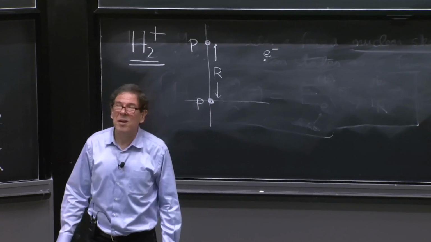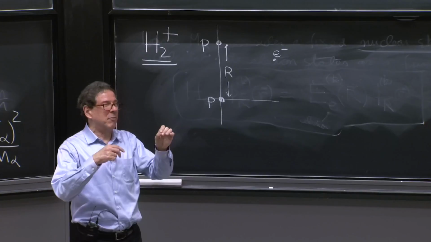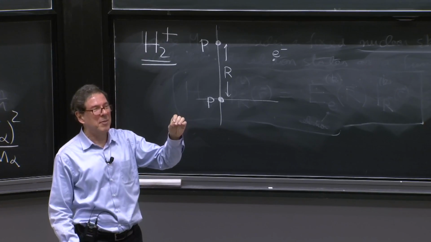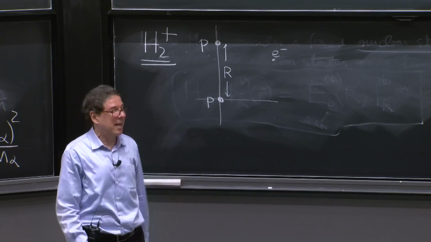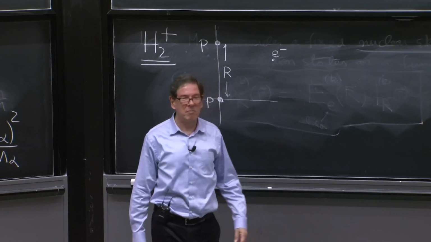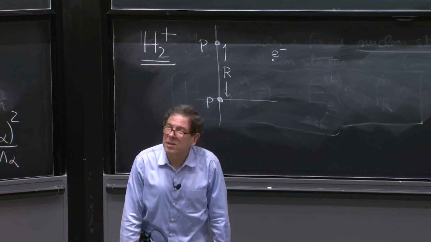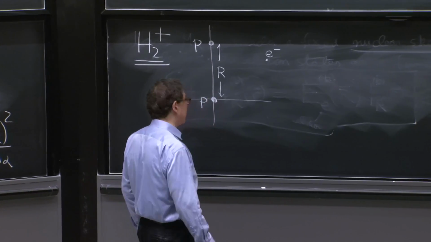Easy? No. That already is hard. We spent several lectures. You've been studying this 3 times already, maybe in quantum mechanics, the hydrogen atom, 1 proton, 1 electron. 2 protons, 1 electron is much harder. I don't think there's a simple analytical way to solve it. So already at this step, we have trouble solving it.